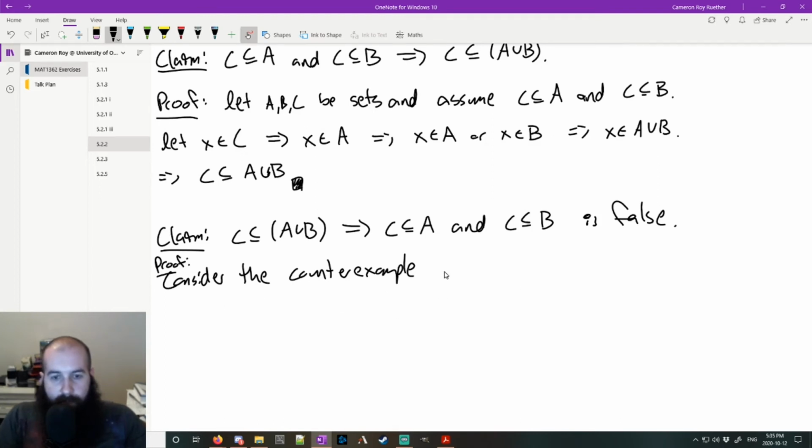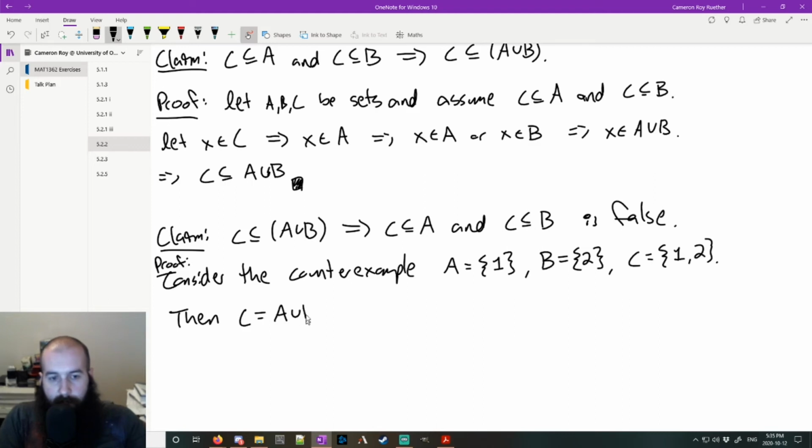Consider the counterexample. A is equal to the set that only contains 1. B is equal to the set that only contains 2. And C is the set 1, 2. Well, then C is equal to A union B. So C is a subset of A union B because every set is a subset of itself.